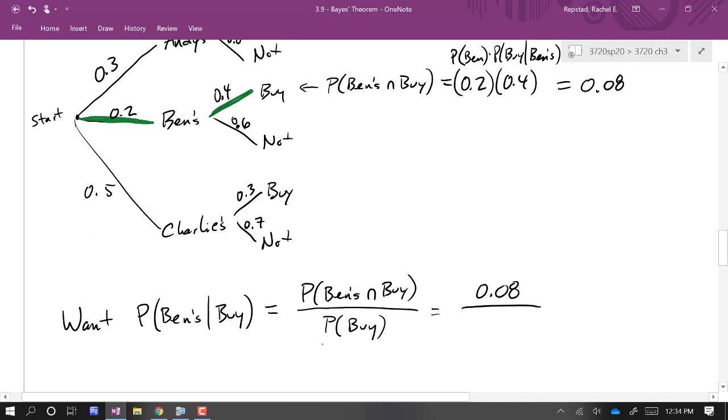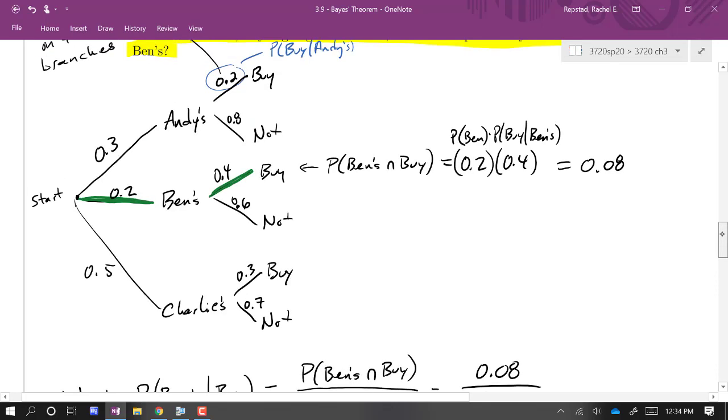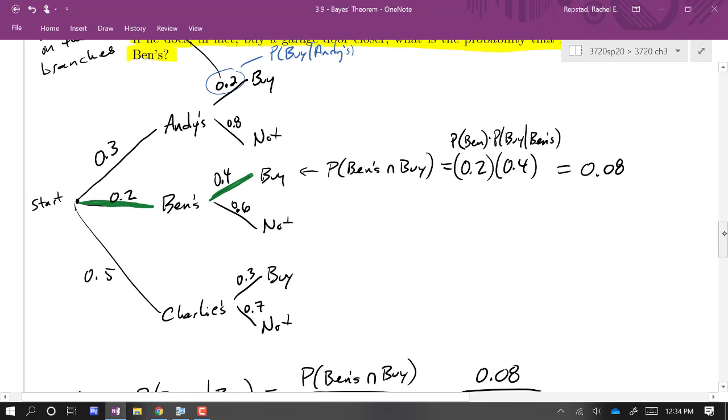Now we need to know the probability that he actually just bought a garage door closer from anywhere. If he bought a garage door closer, he did so by going to Andy's or Ben's or Charlie's. That means we're trying to find the probability that he went down one of these three paths in the tree. Each one we find the same way.